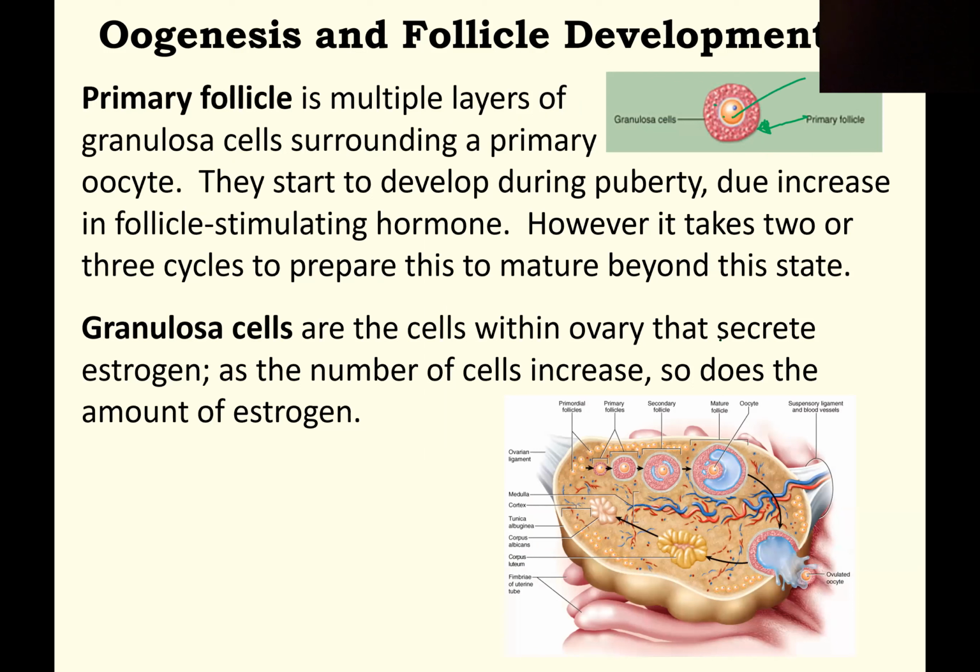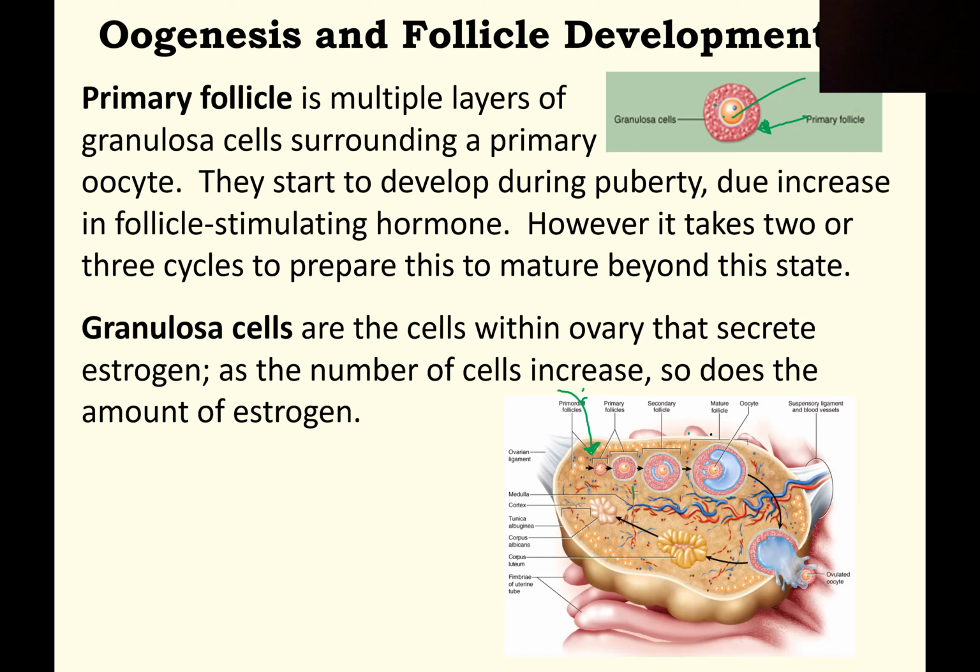These are going to start developing in the ovarian cortex during puberty, depending on how much follicle stimulating hormone is secreted. It takes at least 2 or 3 cycles to prepare that primary follicle in order to finish development in a single menstrual cycle.